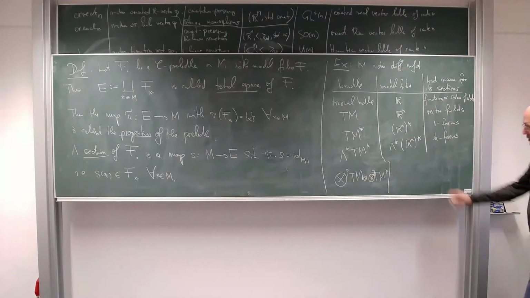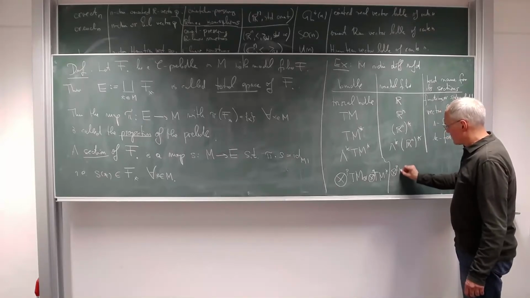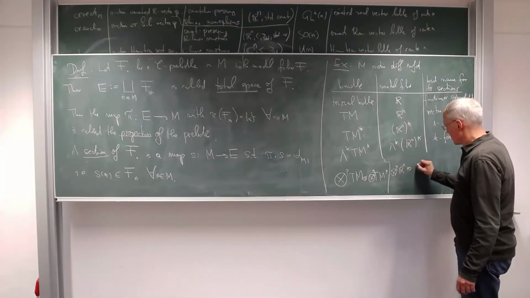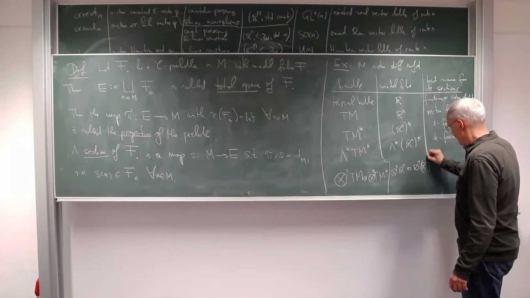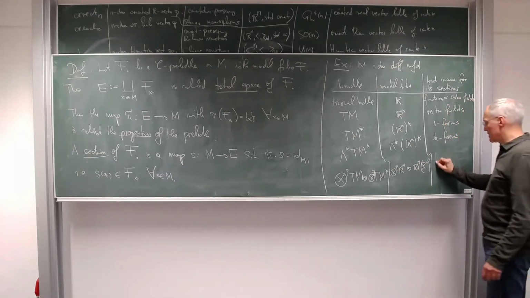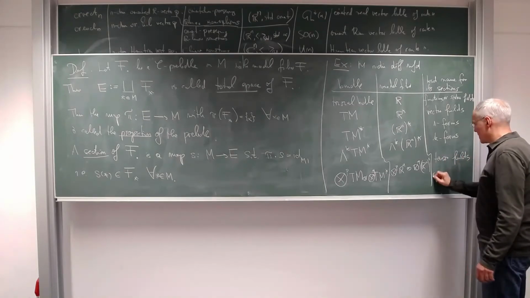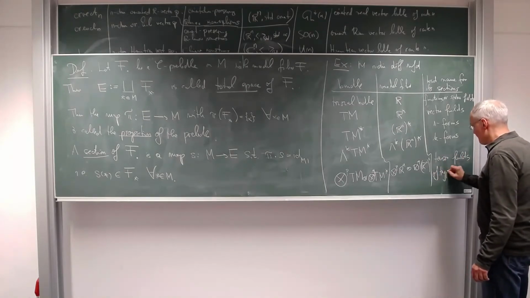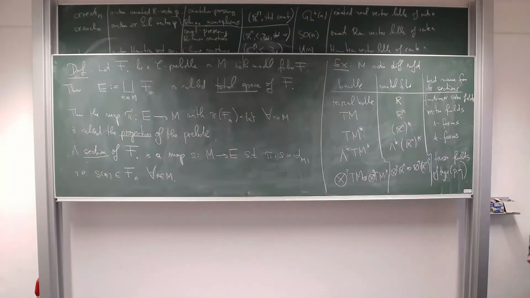Then we have the corresponding fiber here, so tensor power p of R^n tensor q-th tensor power of R^n star. And in this case, the sections are called tensor fields of type (p,q). So those are more or less maybe the ones we know from our differential geometry courses.